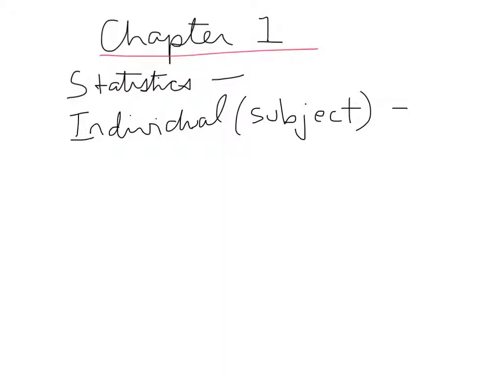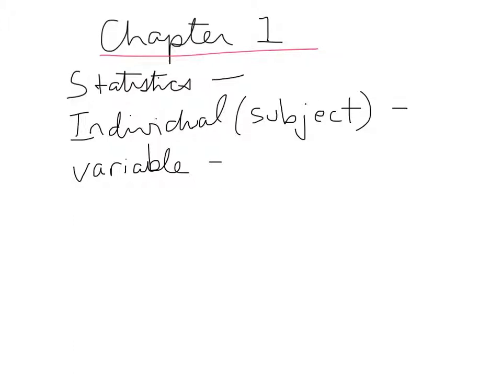And speaking of data, what we're gathering is called a variable. Variable is whatever it is you're studying. If you're looking at students at IUPUI, it could be their grade point average, it could be their height, it could be the town they're from. Whatever it is you want to know about that person.